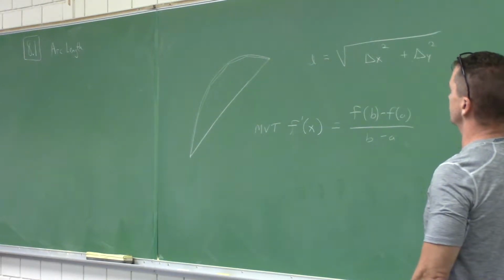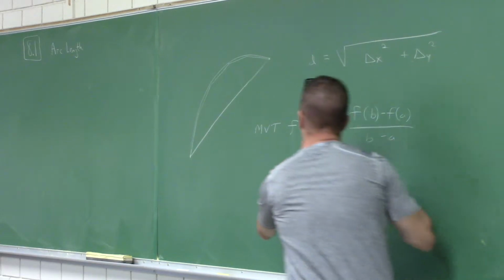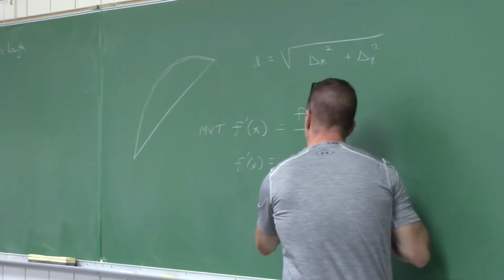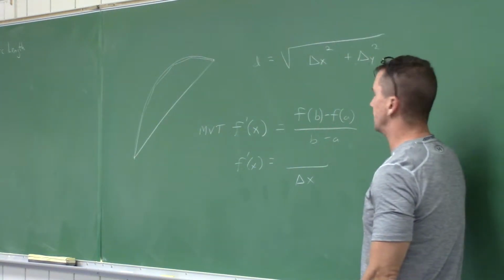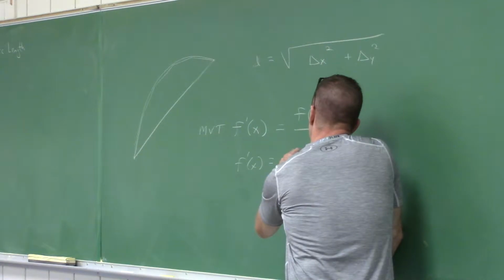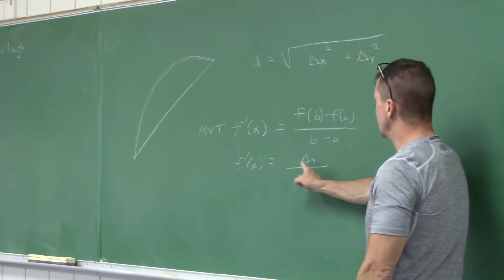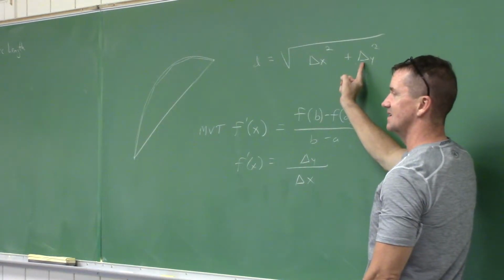I'll call the b minus a just a change in x. I'll write this down. B minus a will just be change in x values. And I can call this f of b minus f of a just a change in the y values, right? Can you isolate the change in y? And then we can substitute it in there. All right, let's do that.